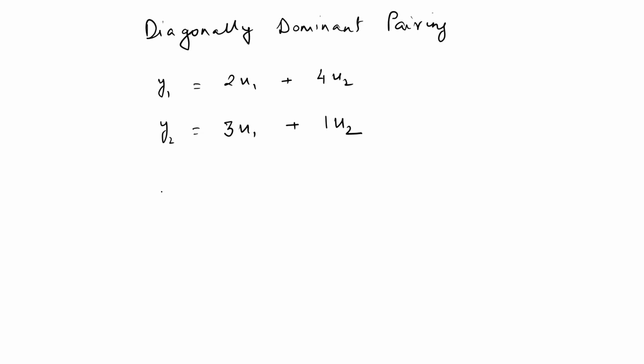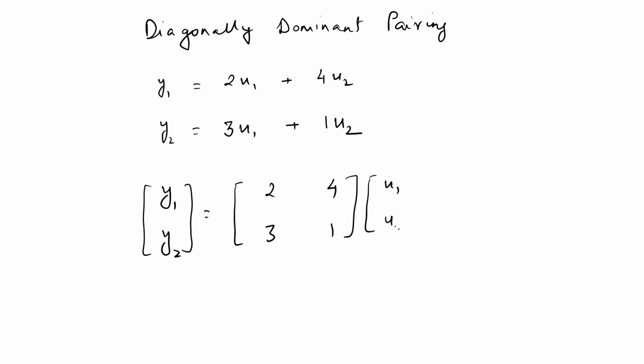In matrix form, the relationship between y1, y2 and u1, u2 is the matrix 2 4, 3 1.